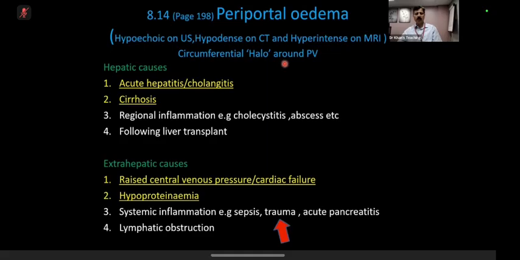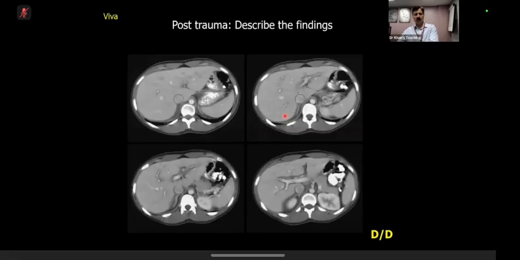A patient might have hypoalbuminemia and will have it. And a patient might have acute cholangitis and will have it, or cholecystitis will have it. Similarly, in trauma also, you can see it. So the idea is just to pick up that this is what is happening, periportal edema. So totally non-specific.